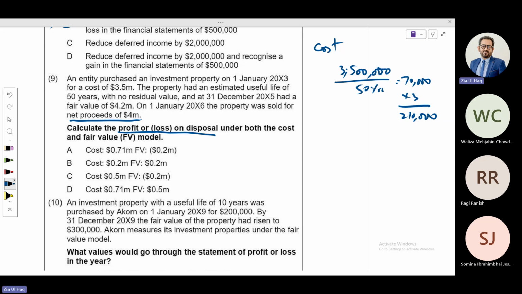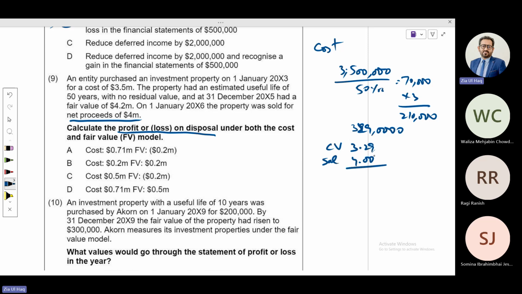If you are disposing after 3 years, what is the carrying value at the time of disposal? 3.29 million is the carrying value, and the sale proceed is 4 million.